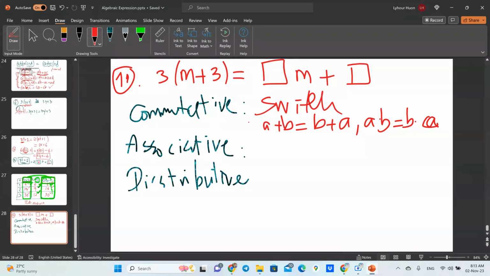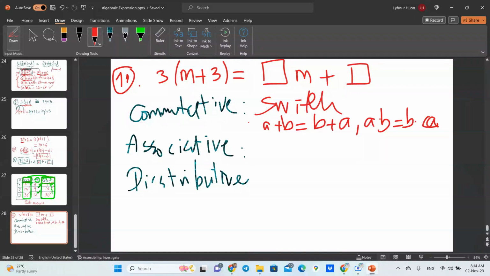Like in class, we divide into groups: this group is good students, this group is okay students, this group is quite okay students. But for example, if you switch, you are in this group, or this group, or this group, the result will be the same. That is called associative.